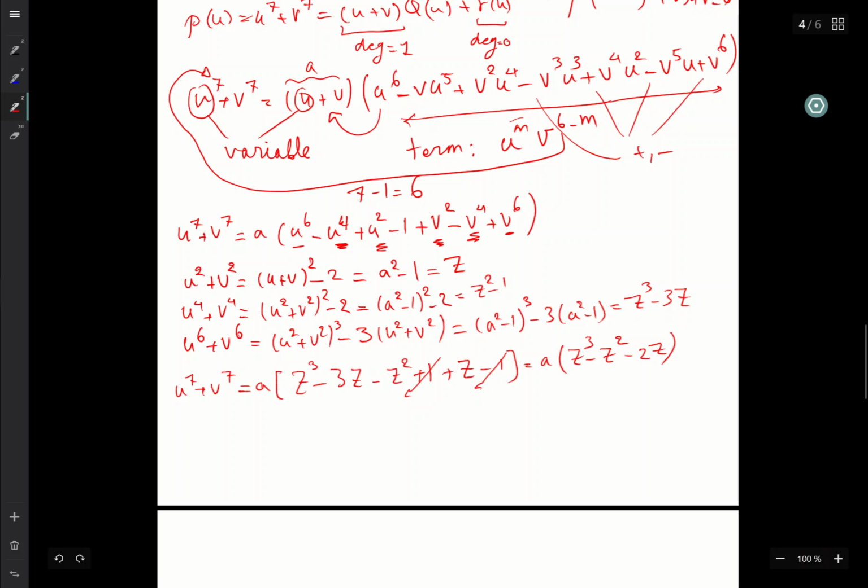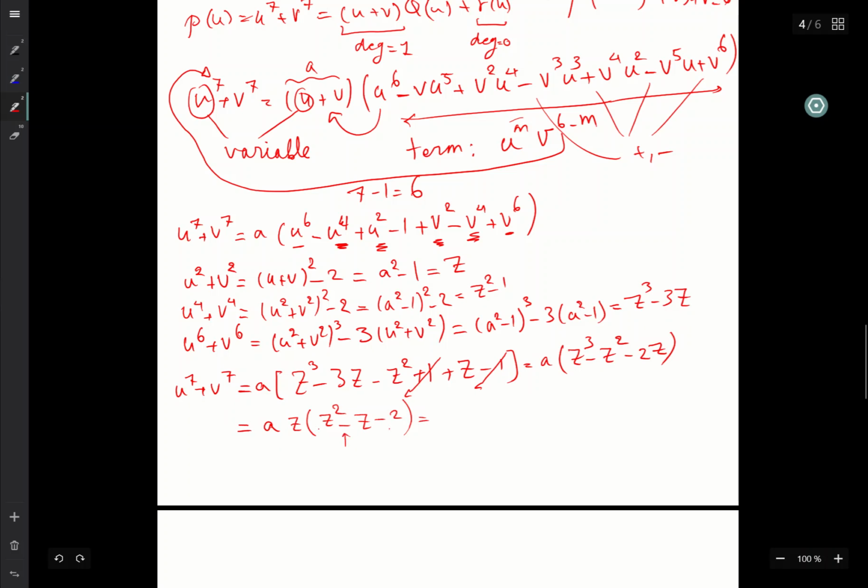Okay? So eventually this becomes a times a squared minus 1 times, and let's see, we can simplify this further. So take the z out, z squared minus z minus 2, and a plus c here is b.